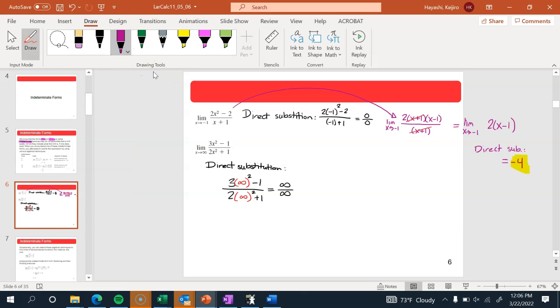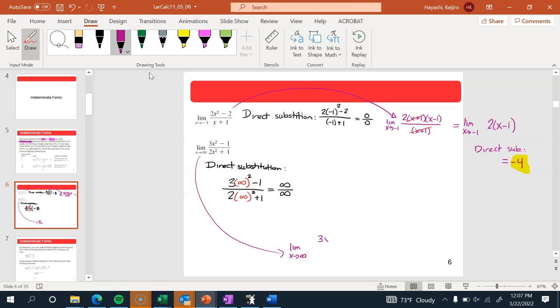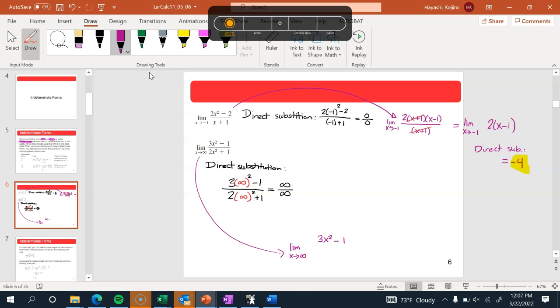Right, so what you can do instead is you can take this and look at that x squared that's in the denominator and say, okay, I'm going to take every term on the top and the bottom and divide it by that degree of x.